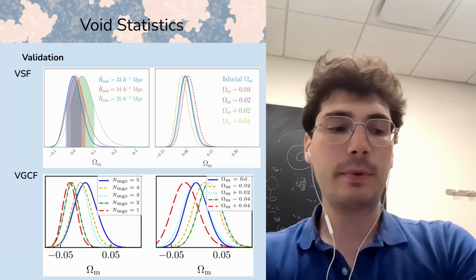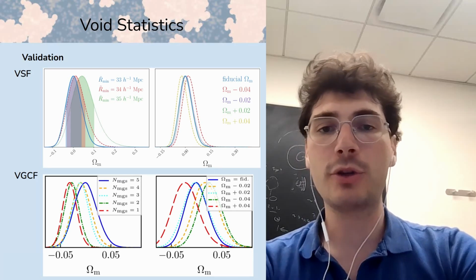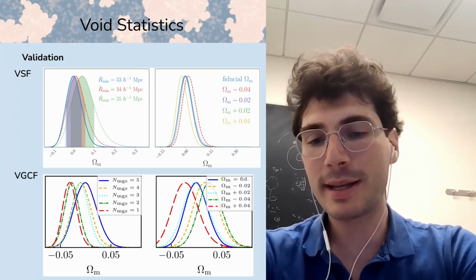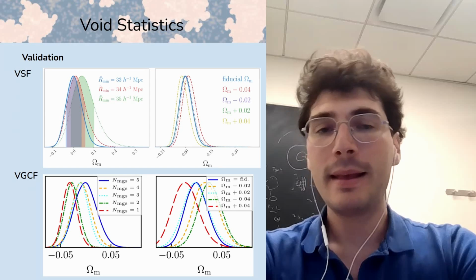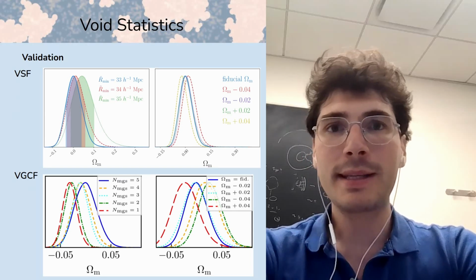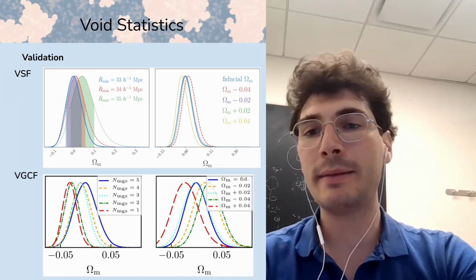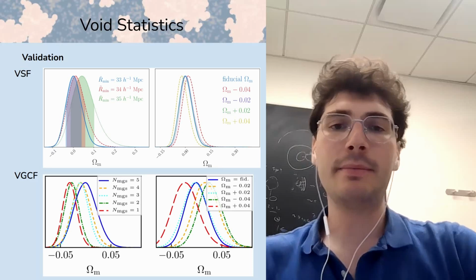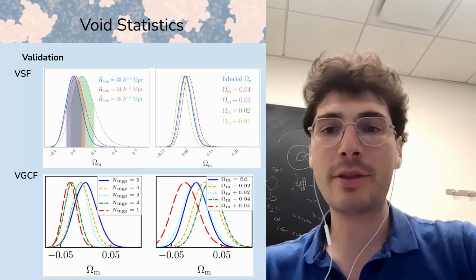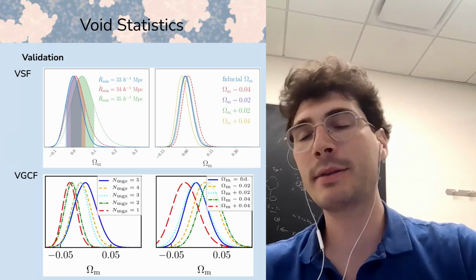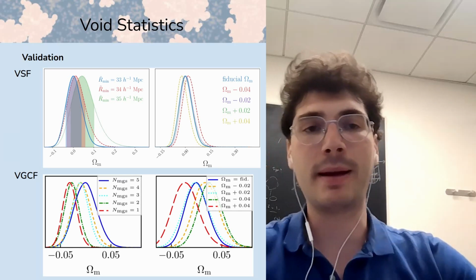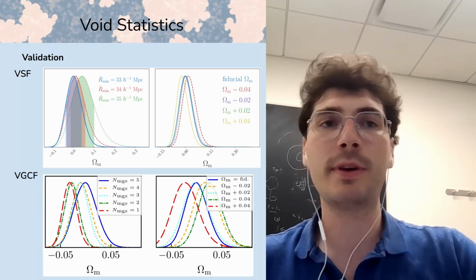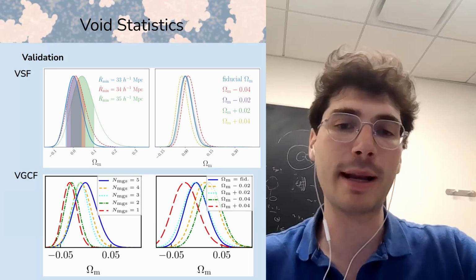Then, for the void galaxy cross correlation function, it is worth noting that this analysis is not restricted to large scales only. Linear theory accurately describes the void galaxy cross correlation function at all scales, from the inner to the outer region of voids. However, both the void identification method and the estimators for the void galaxy cross correlation function are affected by sparse sampling of tracers, and this results in spurious voids, and spurious voids affect our analysis.